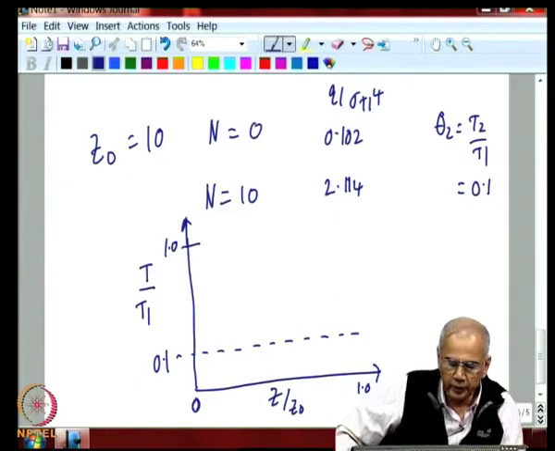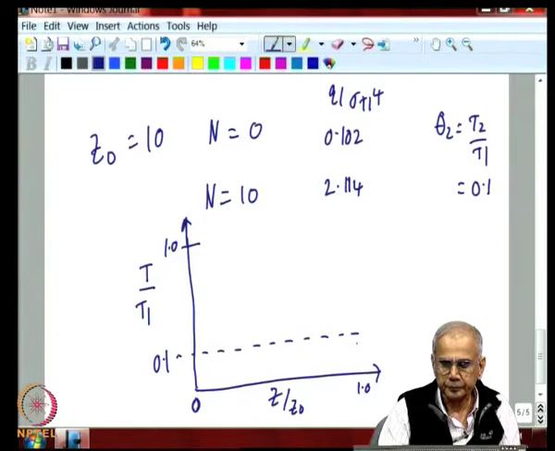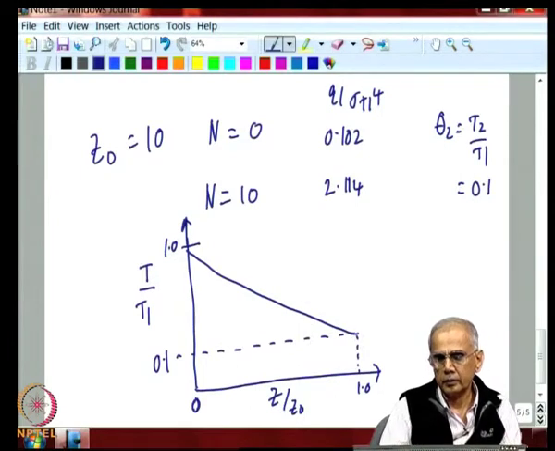Now, if you look at this problem in a pure conduction domain, then you will get a linear profile of pure conduction.